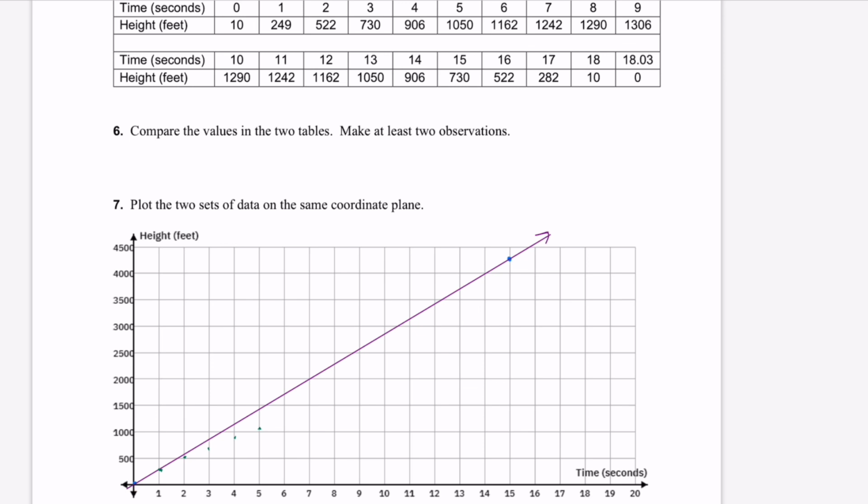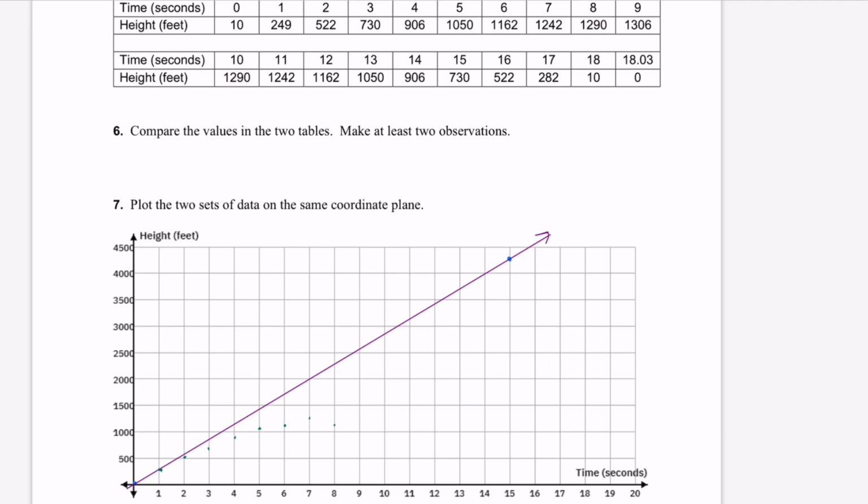6 seconds is 1,162. And at 9 seconds, it's 1290. And if you notice, it peaks out at 9 seconds, and then 8 seconds and 10 seconds have the same value.